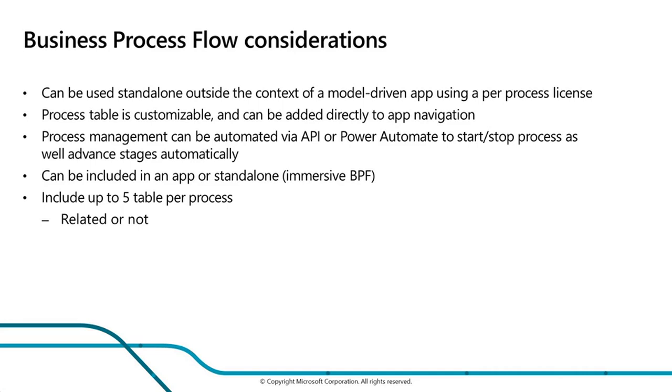The process management can be automated via API or Power Automate to start, stop, and advance stages automatically. It can be included in an app or standalone. So this is what is called the immersive business process flow in Teams, for example, or directly in Power Automate. You got this page in Power Automate now where you can just use the immersive business process flow.